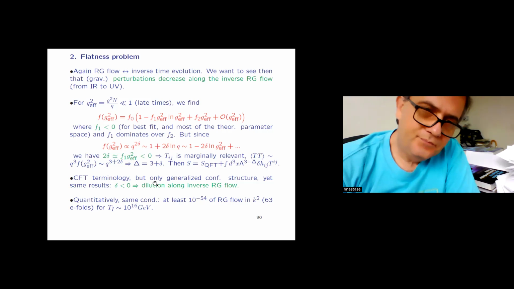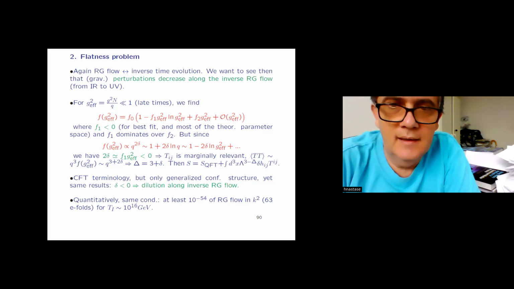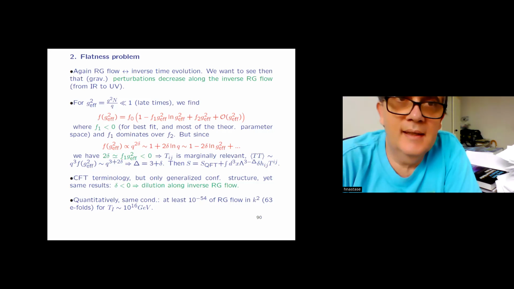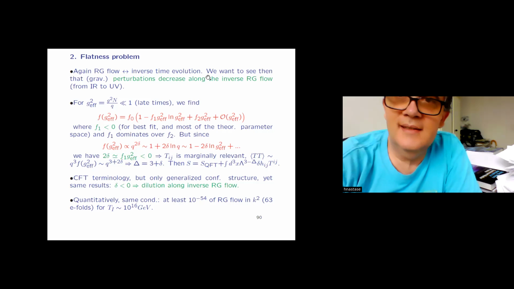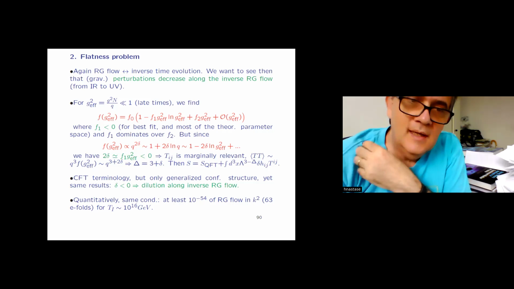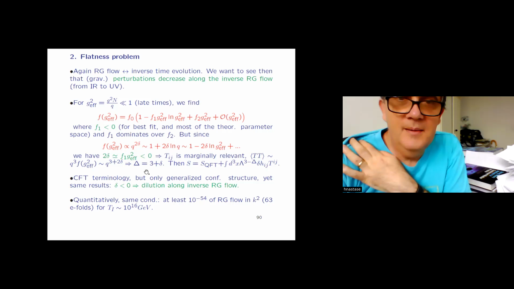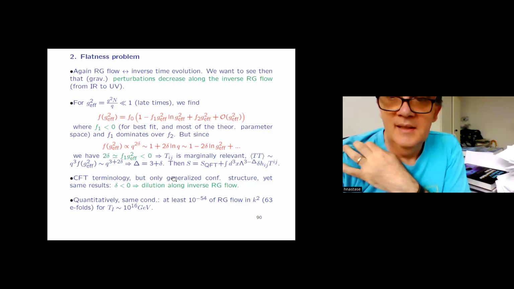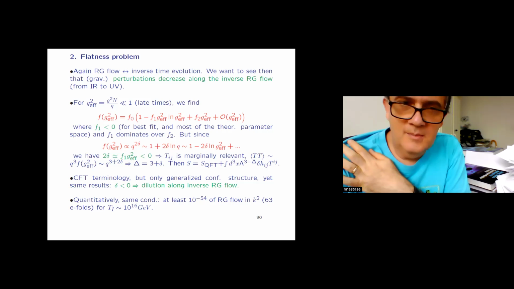So we get exactly the thing that we wanted. When q increases from IR to UV, the two-point function decreases. So perturbations decrease along this inverse RG flow. Now, we used CFT terminology when saying things like marginally relevant, and yet we only have this generalized conformal structure.